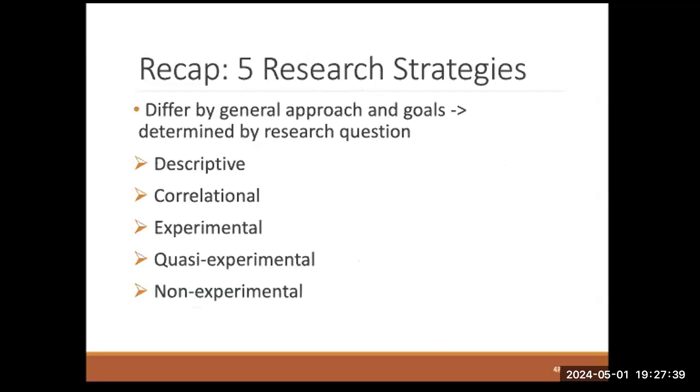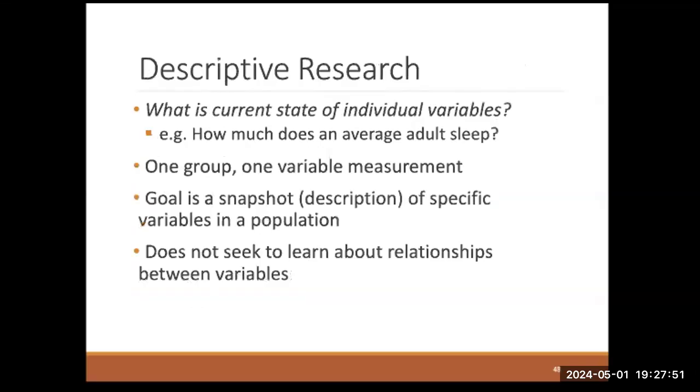So let us recap the different research strategies, right? So you have descriptive, correlational, experimental, quasi-experimental, non-experimental. When we have descriptive research, what we're asking is, what is the current state of individual variables? What variables are even included in this phenomenon that we're studying?